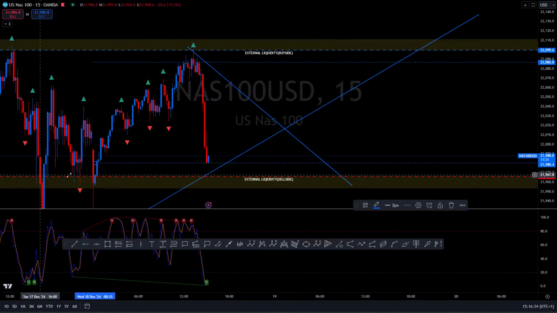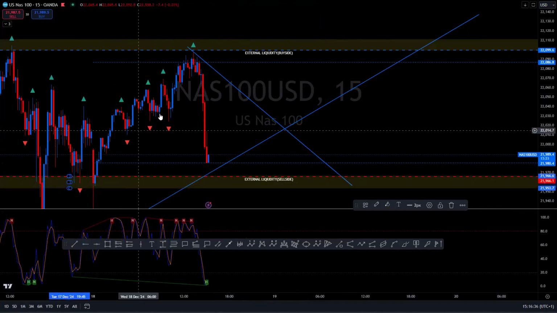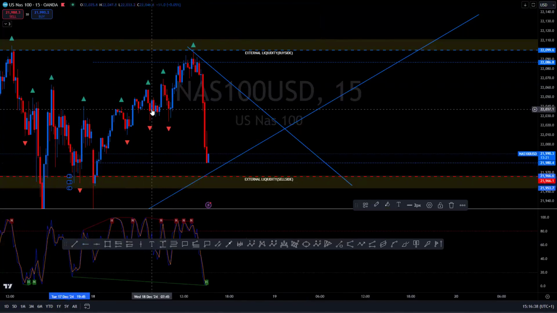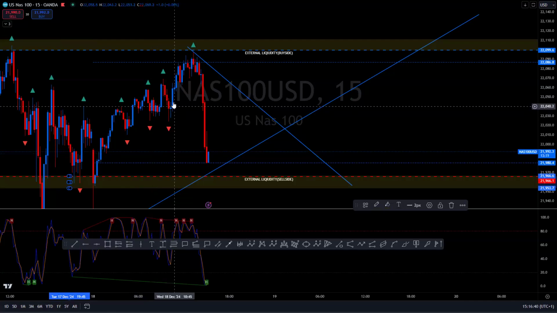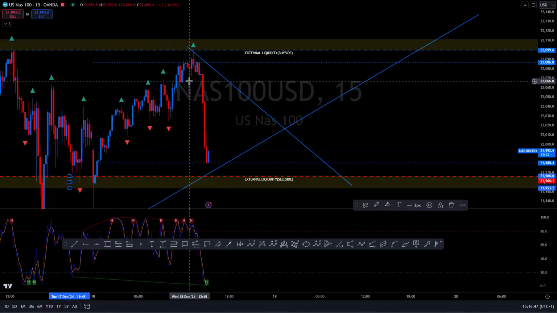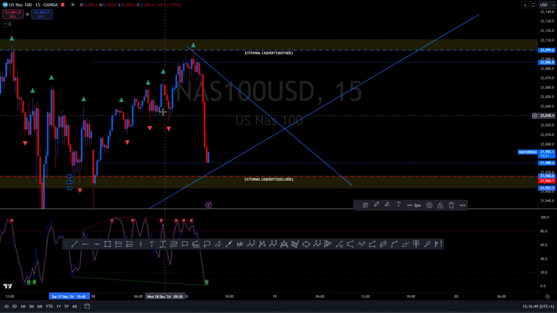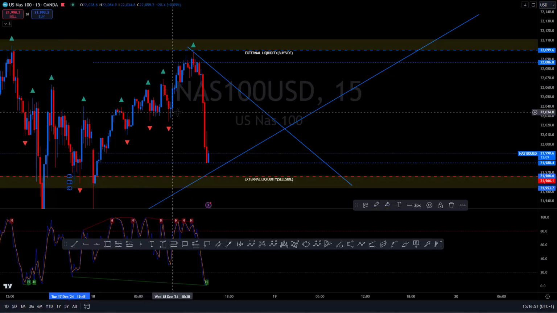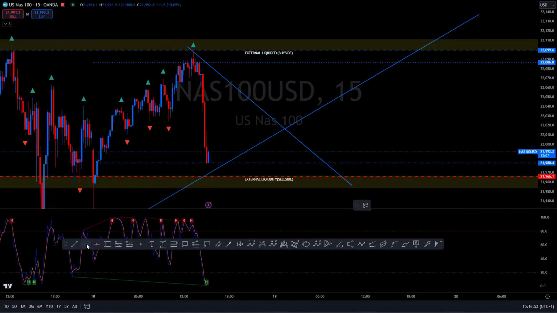Now, we saw a break of structure recently from this area, because technically, this was really the last swing here. And we have this break of structure here as well. So we'll put our break of structure right around here.